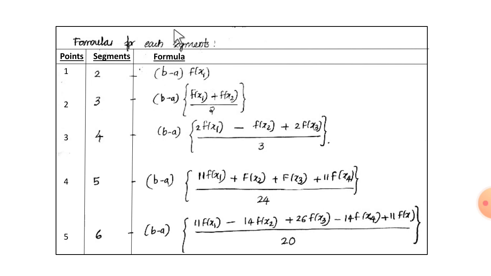And for 5 segments, b minus a into 11f of x1 plus f of x2 plus f of x3 plus 11f of x4 divided by 24.